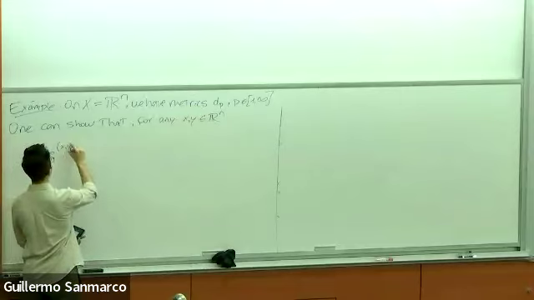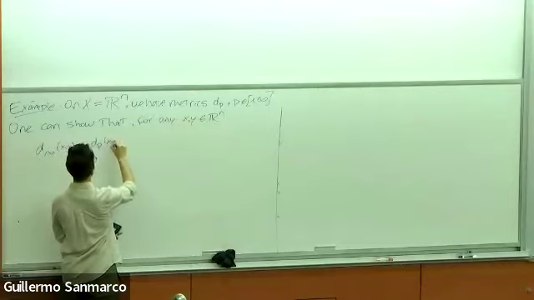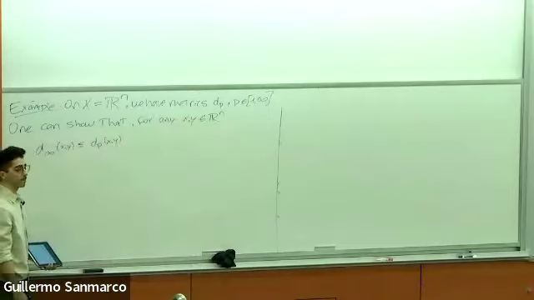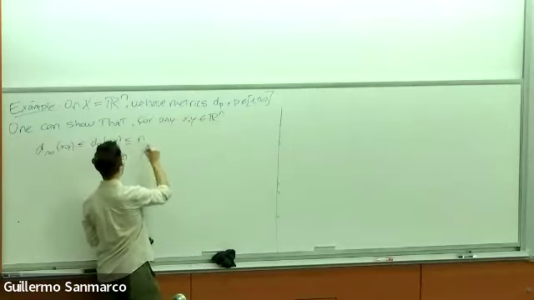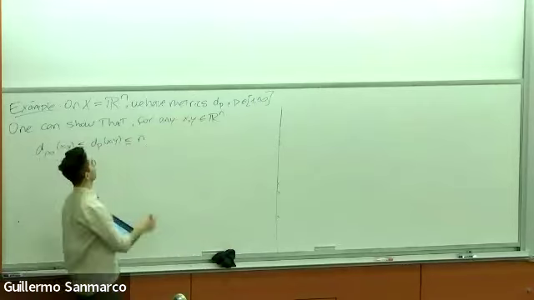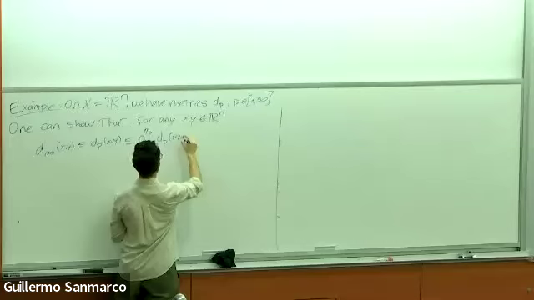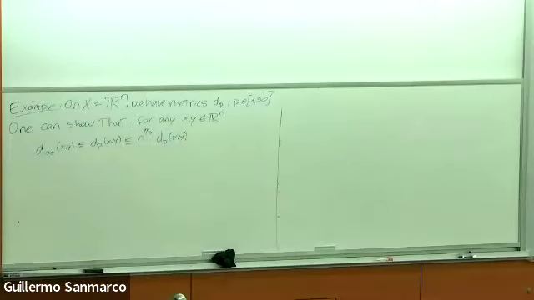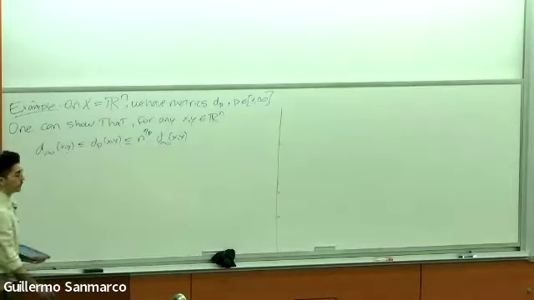The infinity distance of x, y is going to be smaller than or equal to dp of x, y, which is going to be smaller than or equal to n, the number of variables, to the 1 over p, times d infinity. That's for any p.